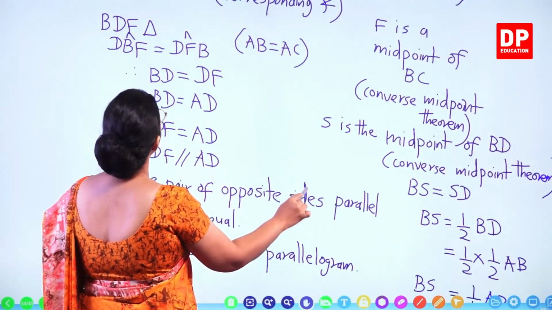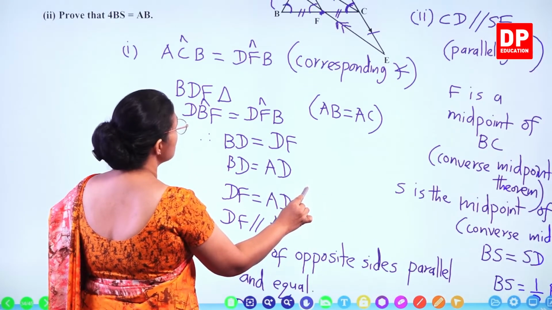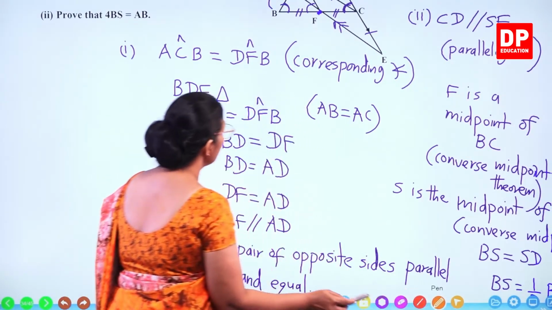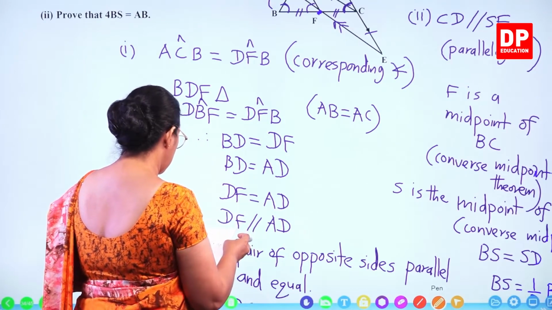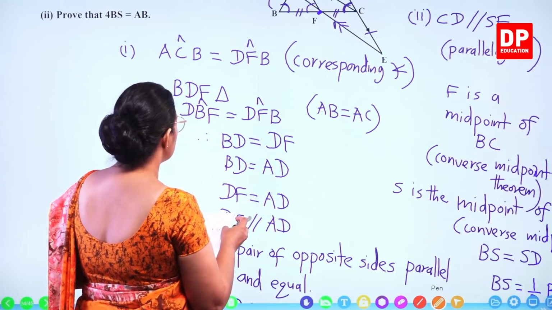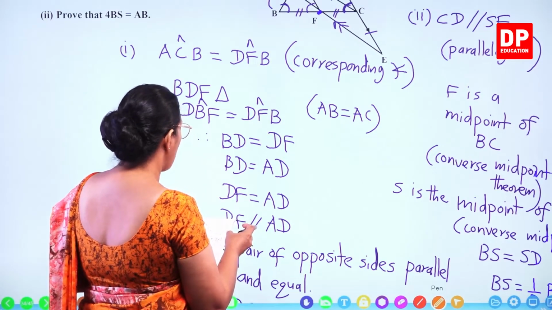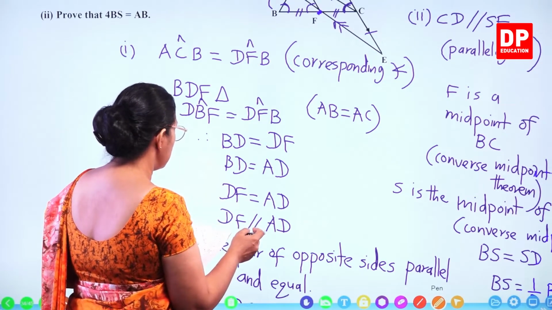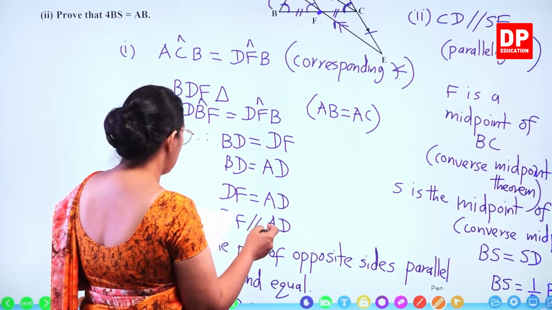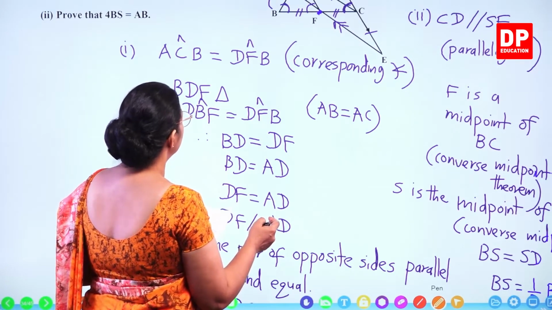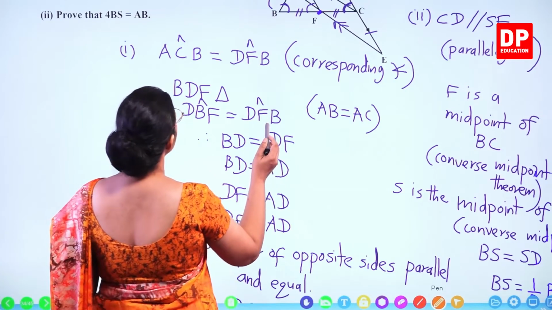How we are going to give the marks. First part, you can get 5 marks for showing that CEFD is a parallelogram. So let's do that.